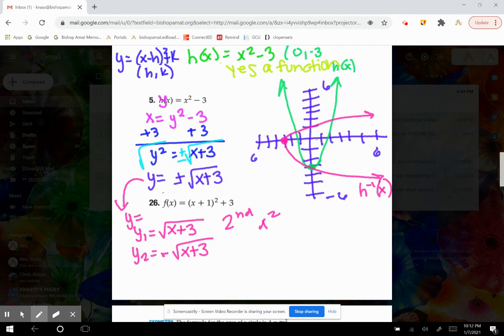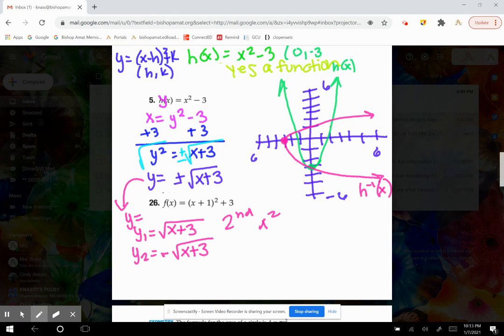Okay? Then you would do the horizontal line test and you would ask if it's a function. Now you're doing the horizontal line test on the green graph. So is that a function?